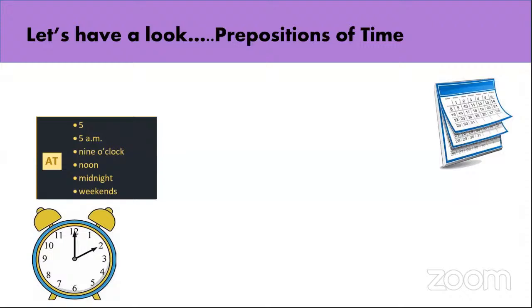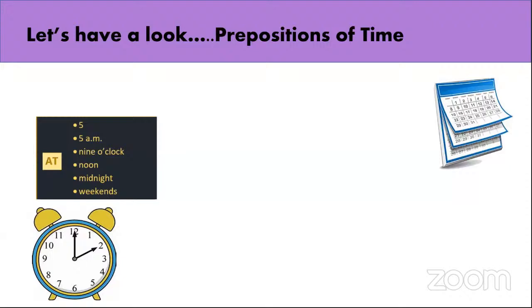It may confuse you because you have used at as a preposition of place. But look at this. The instances where we use at as a preposition of time. At 5 a.m., you just go through. At 9 o'clock, at noon, at midnight, at the weekend.